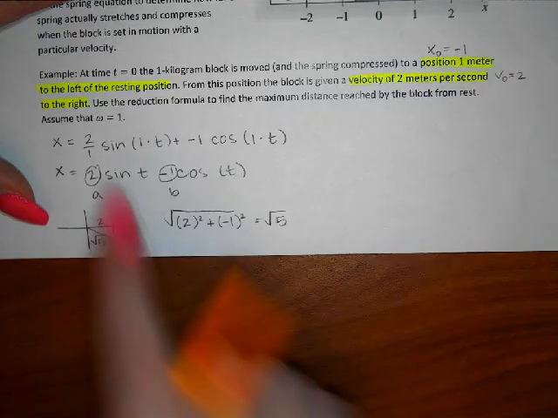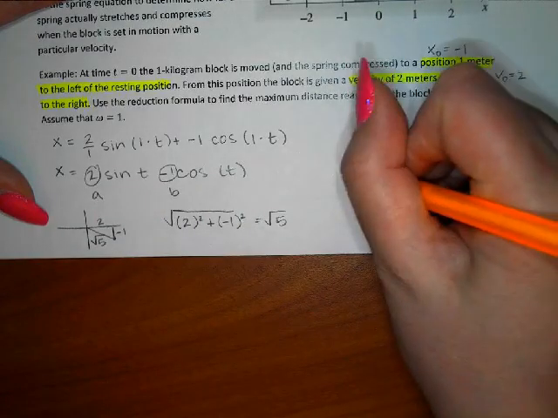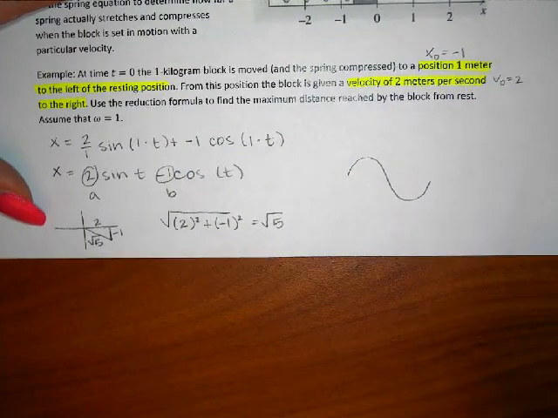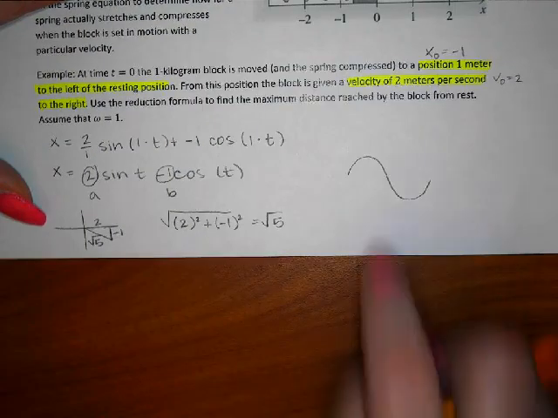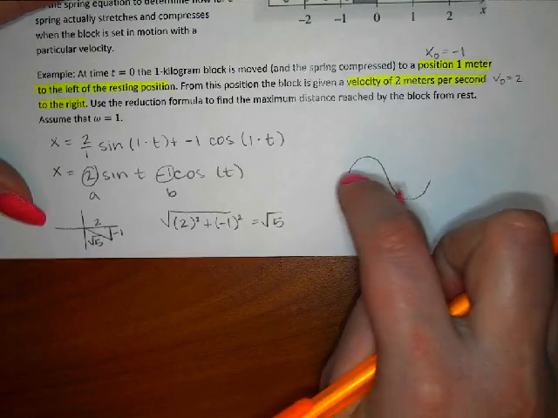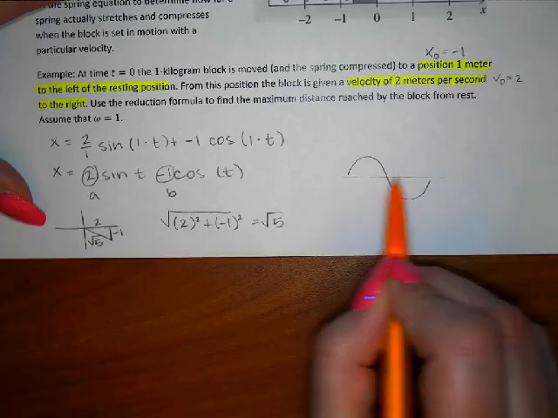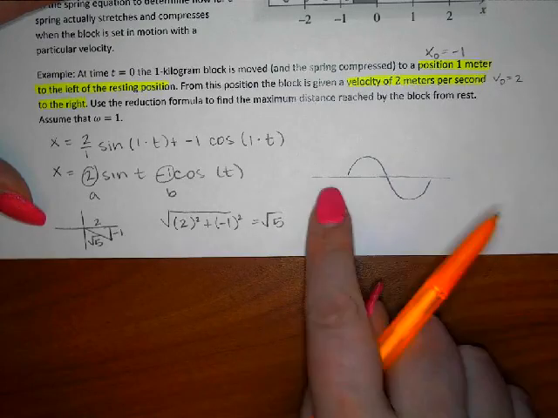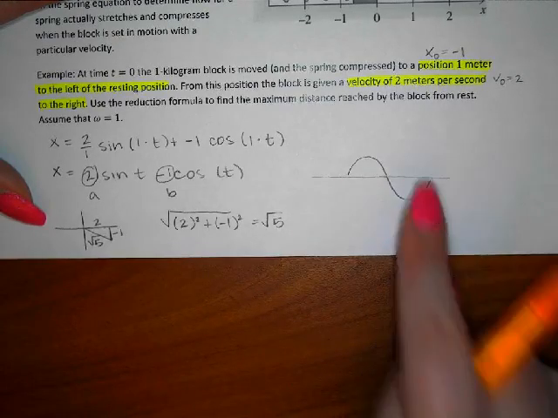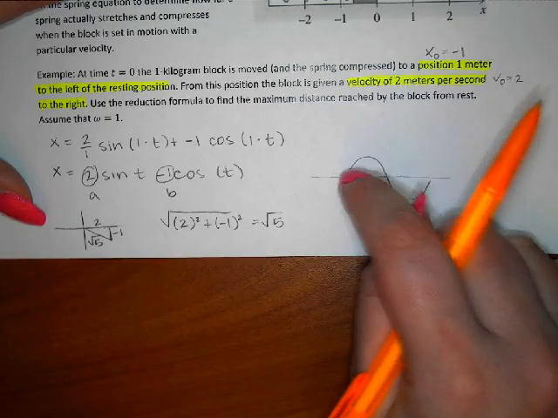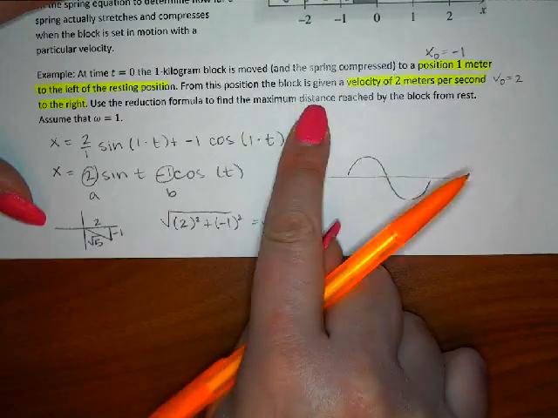If you can imagine, the spring at rest could kind of be like the midline of the curve. This is how I picture it: the midline of the curve is like the spring at rest. Then the amplitude of that curve talks about that maximum distance that is reached by the block from rest.